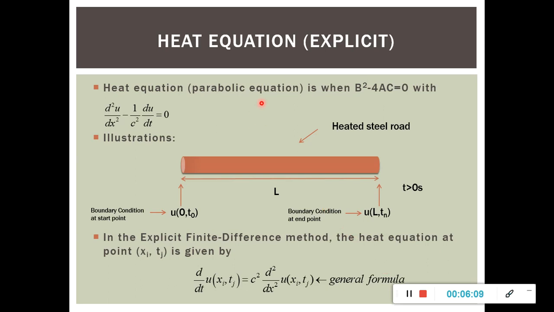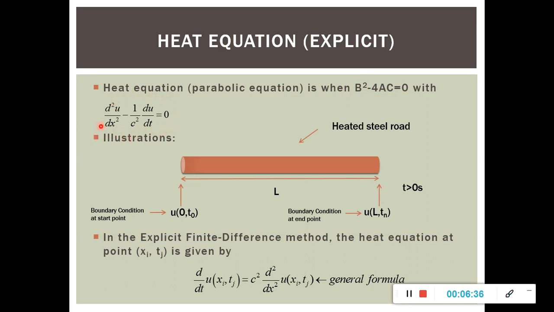In my first video on chapter 9, I'm going to explain the explicit method for the heat equation. As I mentioned before, a heat equation or a parabolic equation is when the value of b squared minus 4ac is equal to 0, and this is the form of the heat equation.